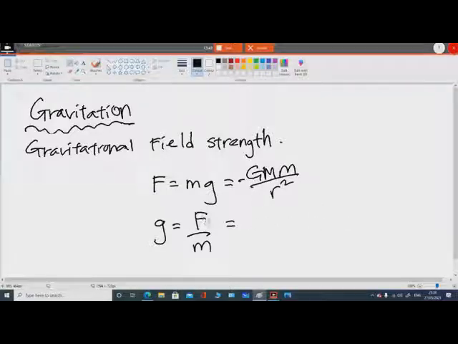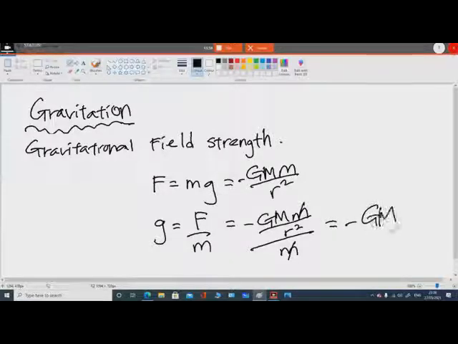So this F will be equal to GMm over r squared. Divided by m, the m cancels. So the final answer we get is GM over r squared. So this is our g.